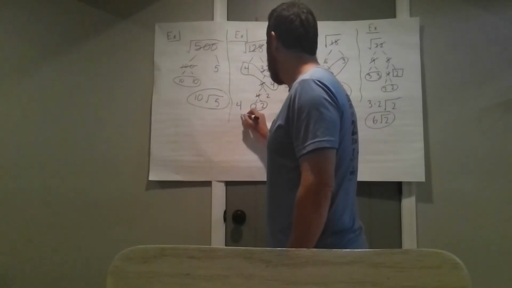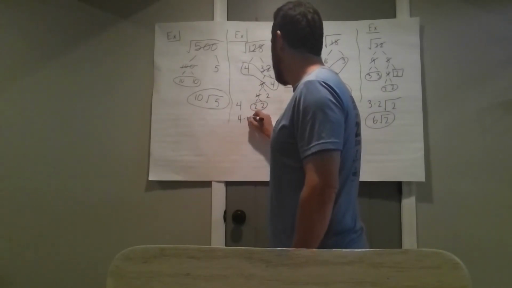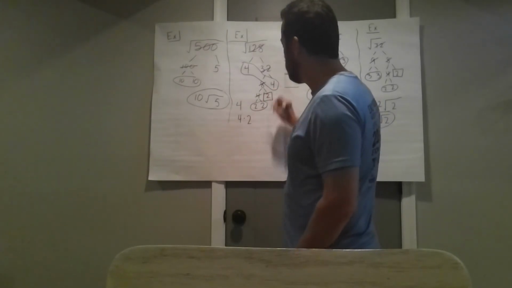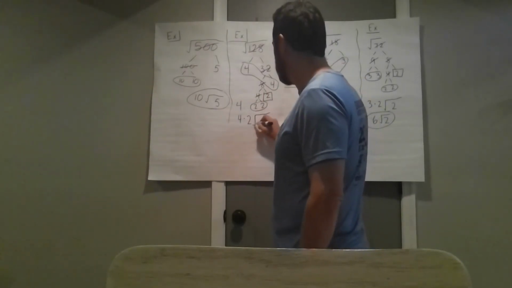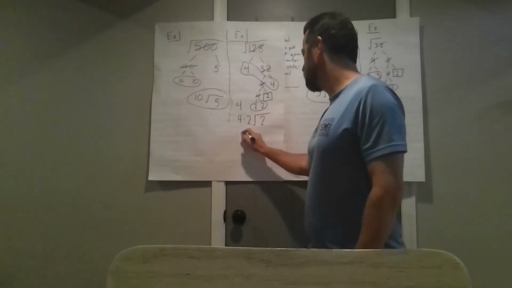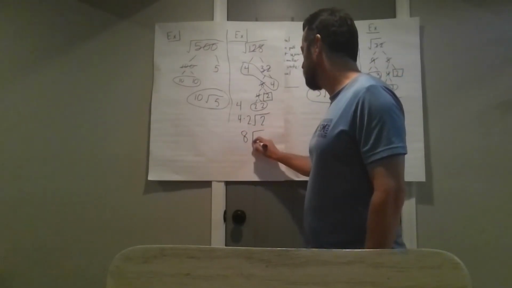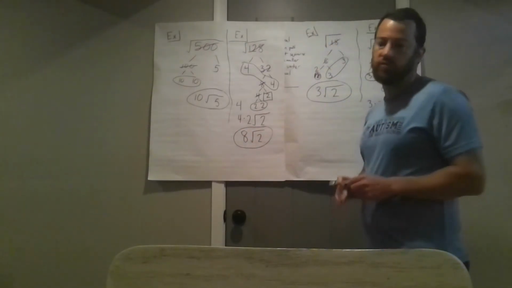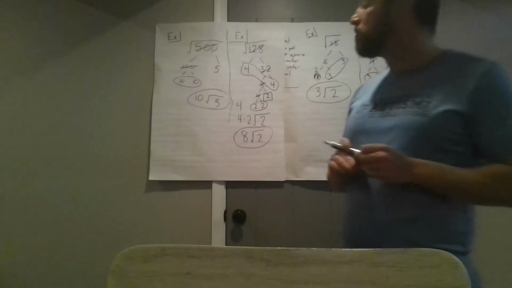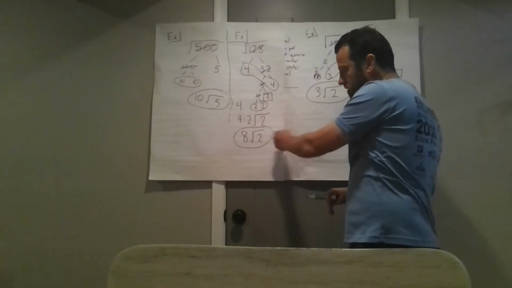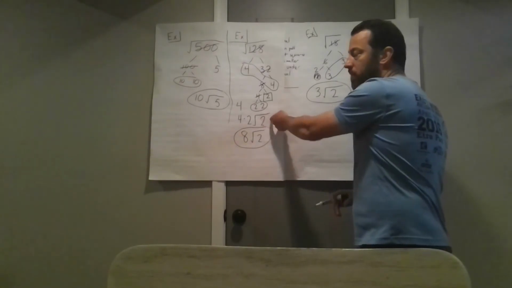And then that 2 has a partner, so I'm going to have 2 go outside. I did not have a partner for that 2, so that's going to go inside. I multiply, and I get 8 root 2. If you have more than one that doesn't have a partner, then you'll multiply those inside.